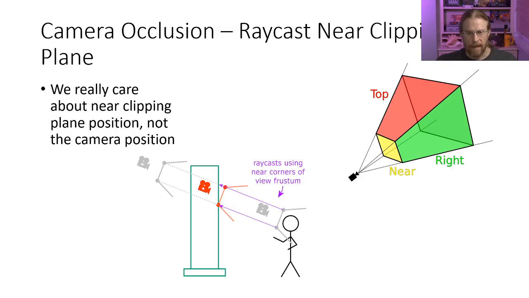And so that means you really want to raycast from the corners of the frustum. So you want to be able to extrude the near clipping plane towards your target, and those are what you would be testing.